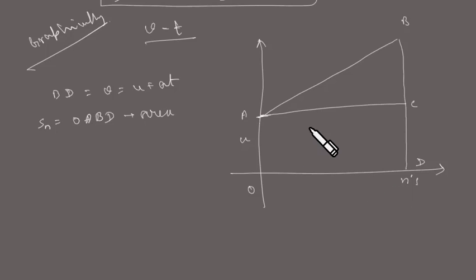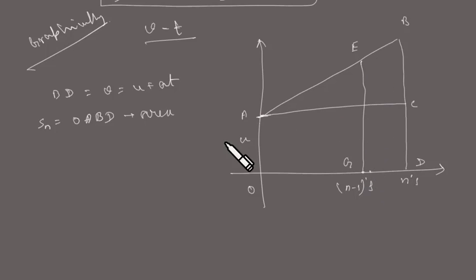Let's say n minus 1 is somewhere here, n minus 1 second. At the end of the n minus 1 seconds, let's say this is E, this is G, and this is n minus 1 seconds. What is the velocity at the end of the n minus 1 second?